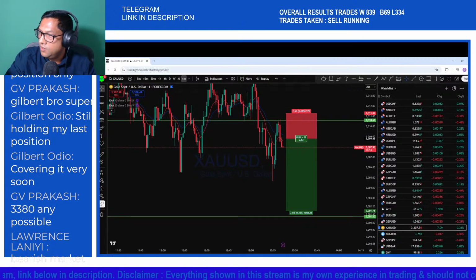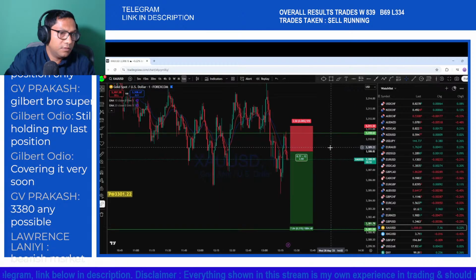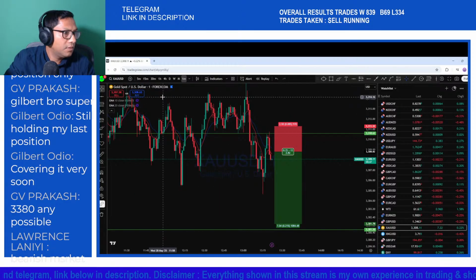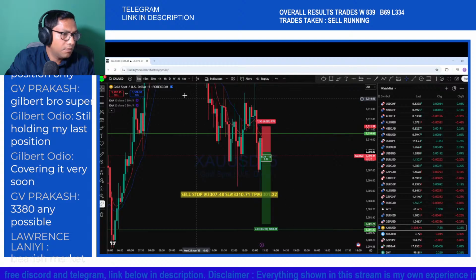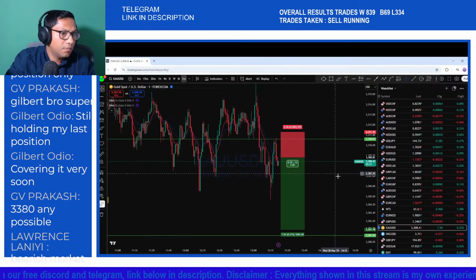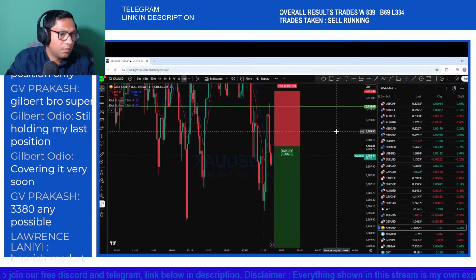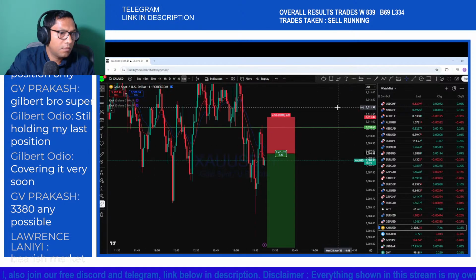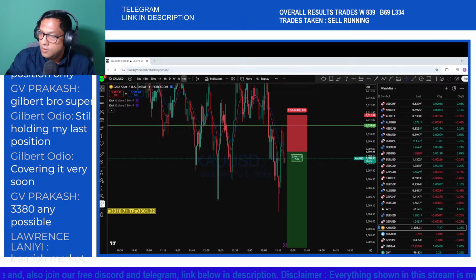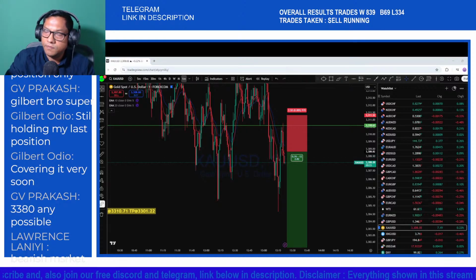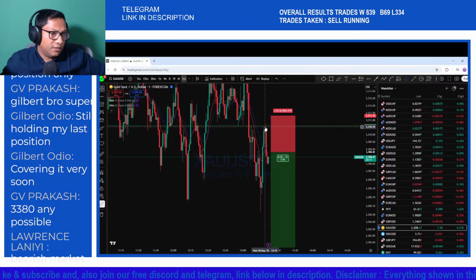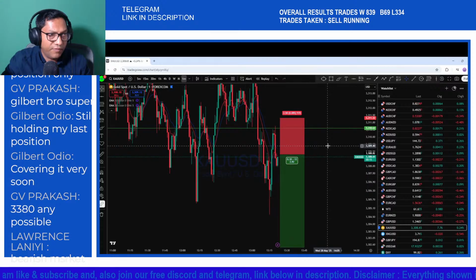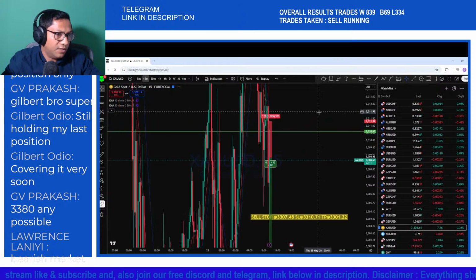So we just grabbed the liquidity. Third trade on XAUUSD. Here, if you see that the market has a liquidity grab, the key is to keep a very smaller risk and then find the bigger winner.